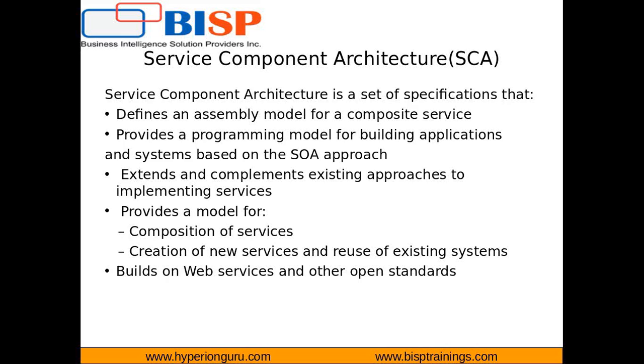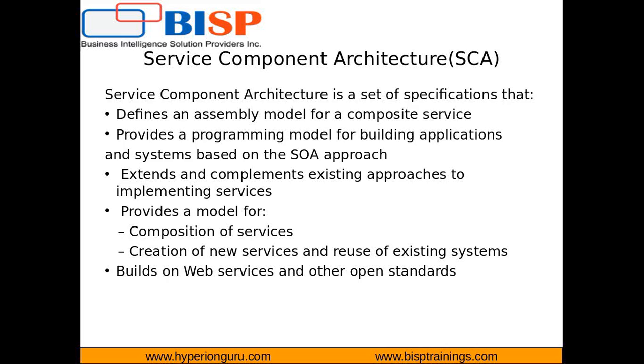But service component architecture is a spec which enables you to implement SOA. So there is a slight difference here. SOA is the architectural base, but SCA is the specification given in order for you to easily implement SOA. So that's the big difference here. That's why we are looking at SCA.